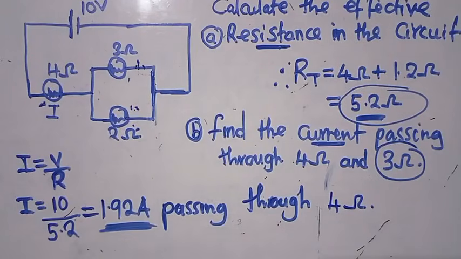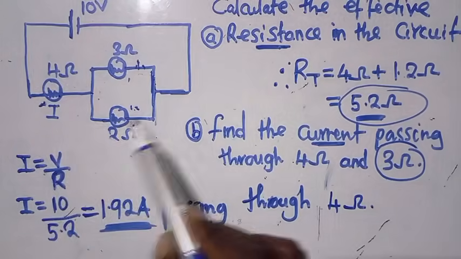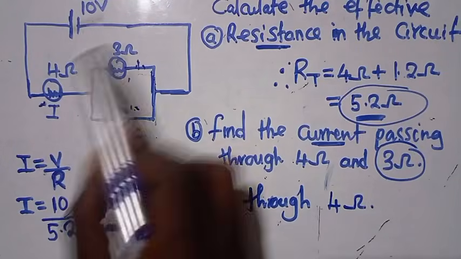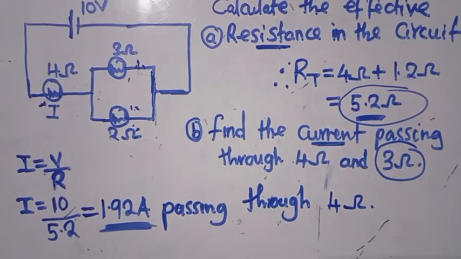Voltage is the same. So we've answered this particular question just like this. This is the current passing through that. So the total current in the circuit is the same current that is passing through the point that is there.